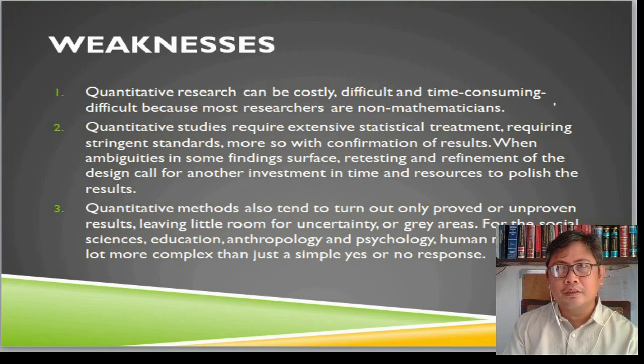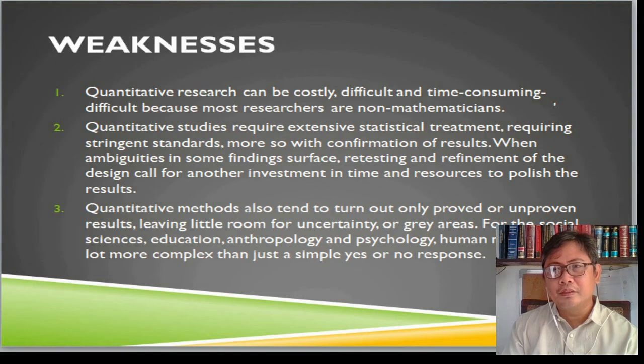And if you yield what we call unreliable data sometimes, in order for you to validate your data, you need to make use of another statistical treatment in order for you to find out if the results yielded in your statistical treatment are reliable.